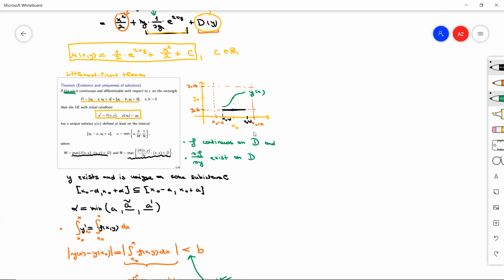So these first two conditions for alpha are because we don't want to fall out of this rectangle. However, the third condition doesn't only take into account that we should stay within the rectangle, but this third condition really ensures that the solution exists.